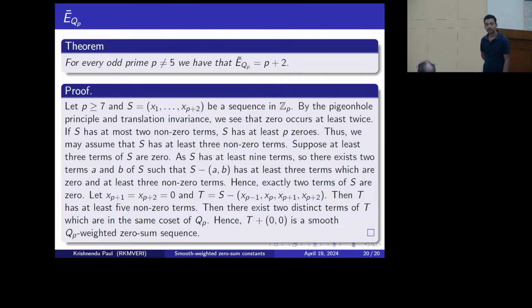But this is your definition. And for the reference, one can search on Google for smooth weighted zero sum sequence, sorry, smooth weighted zero sum constant. You will get it. It is not submitted, but it is in the archive.